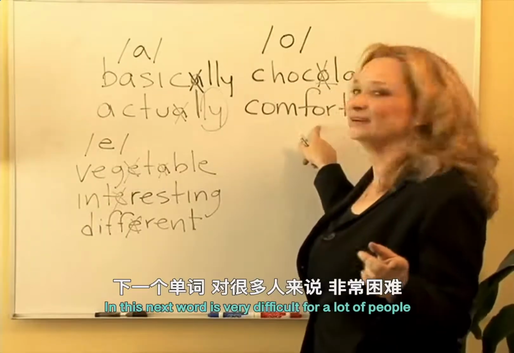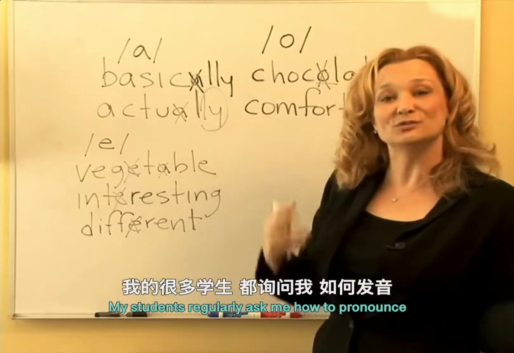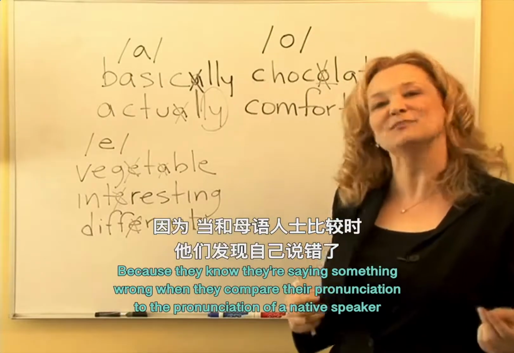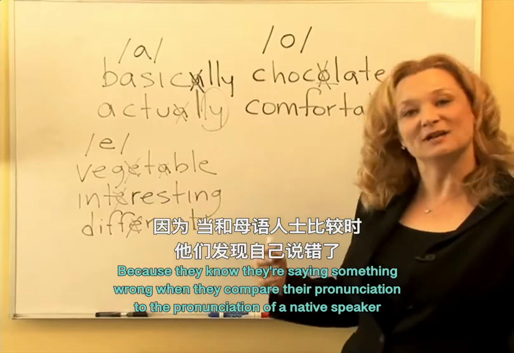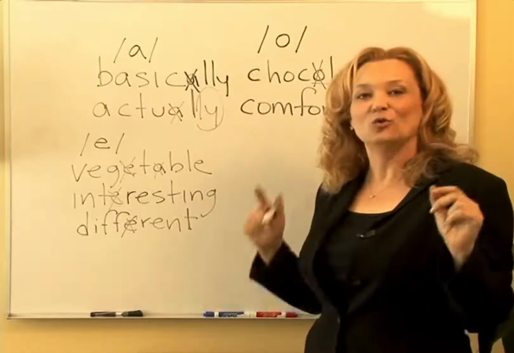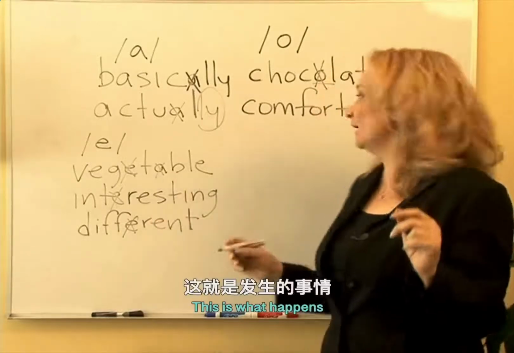And this next word is very difficult for a lot of people. My students regularly ask me how to pronounce it because they know they're saying something wrong when they compare their pronunciation to the pronunciation of a native speaker. Let me show you how to do it. We don't say comfortable. This is what happens.